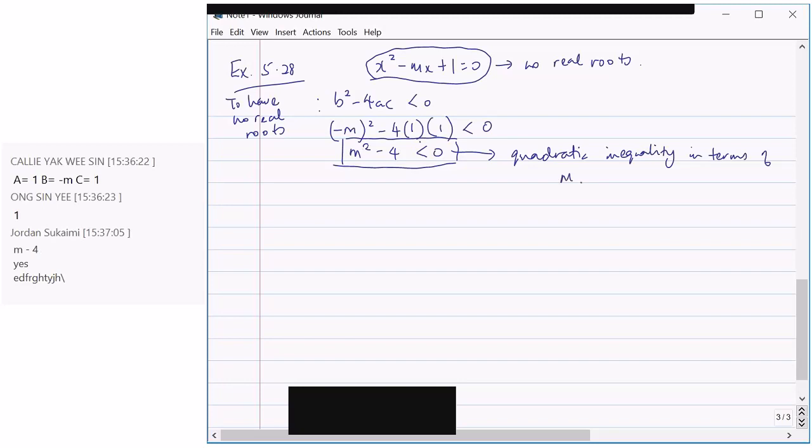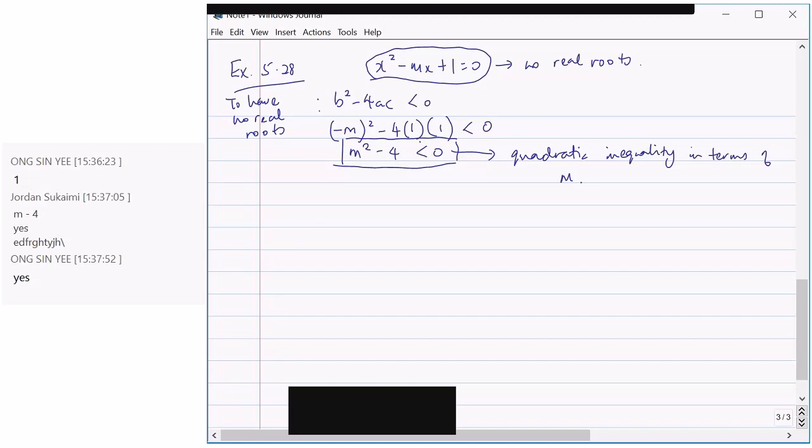M squared minus 4. This is a quadratic form. And it's an inequality because less than 0. So if I want to solve this quadratic inequality, I must do what we just learned today. The few steps of going through quadratic inequality.